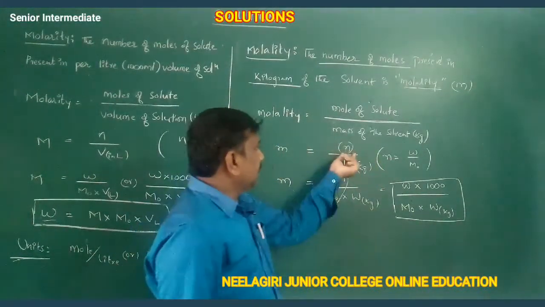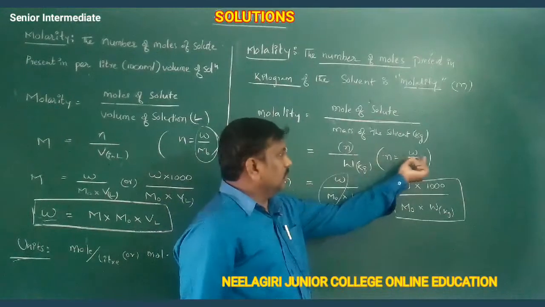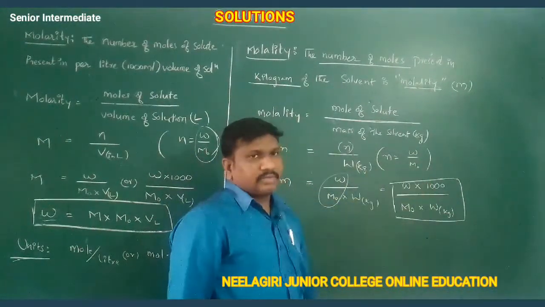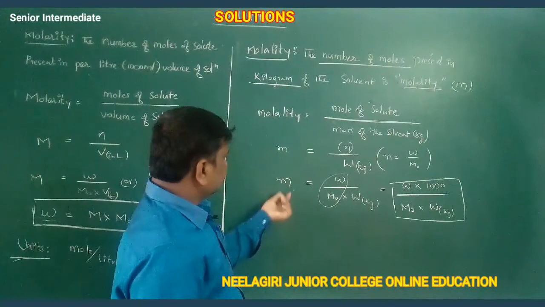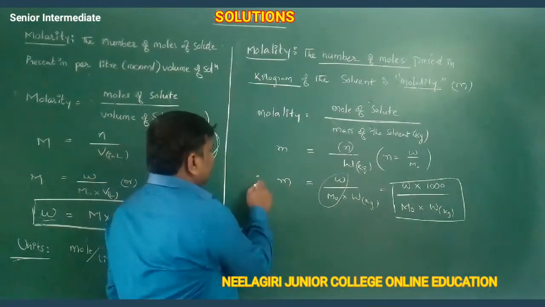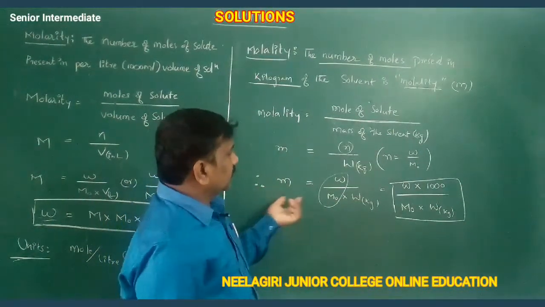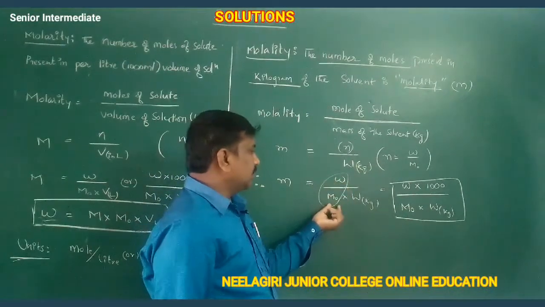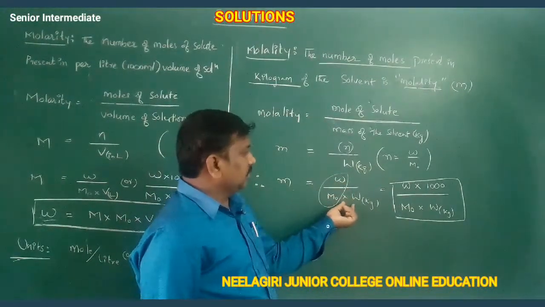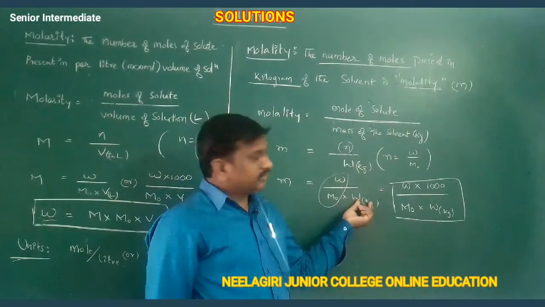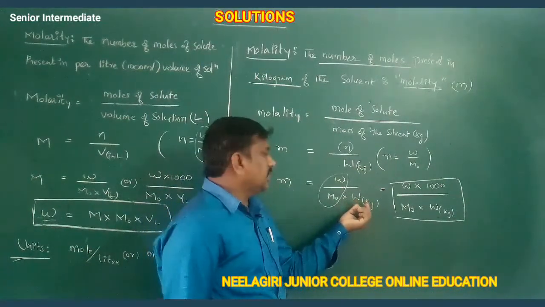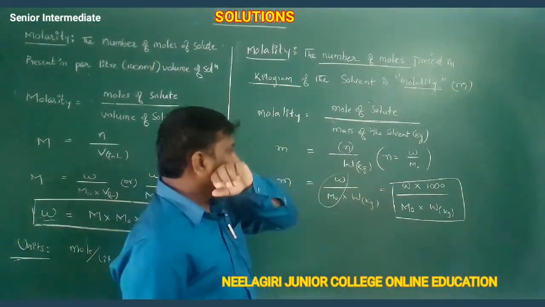Number of moles is, as you already know, weight of the solute by molar mass of the solute. Therefore molality is equal to weight of the solute by molar mass of the solute into weight or mass of the solvent in kg.